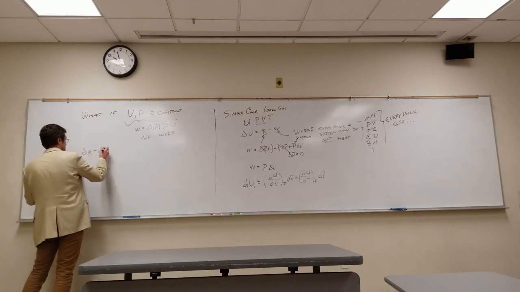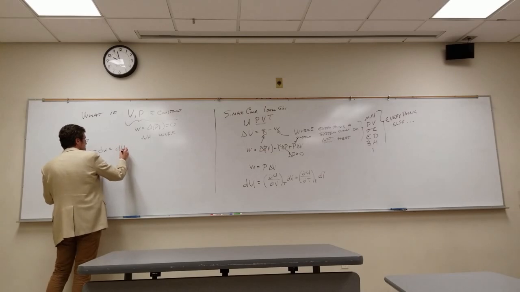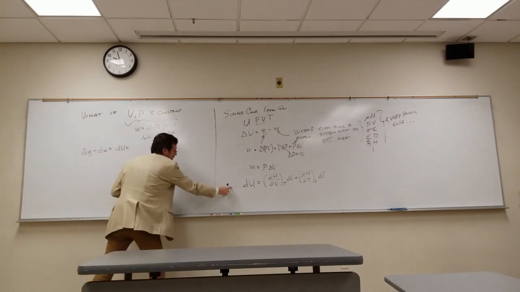Which means that delta Q minus delta W is equal to dU.